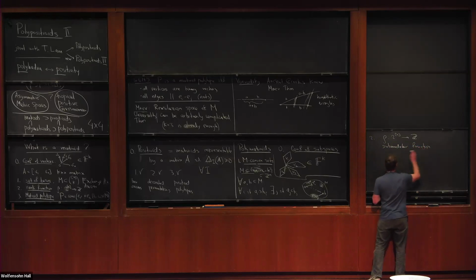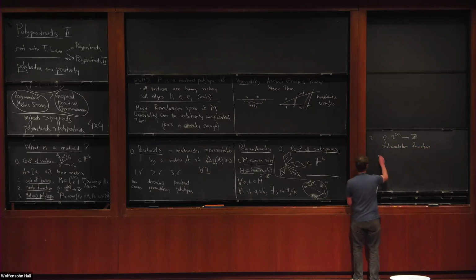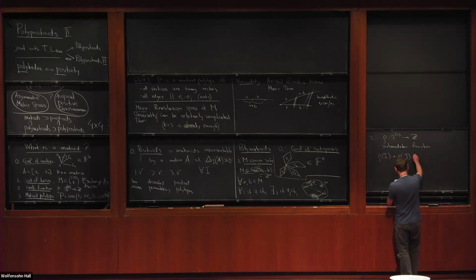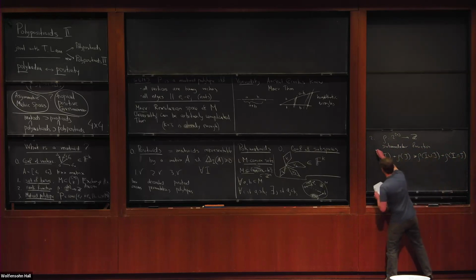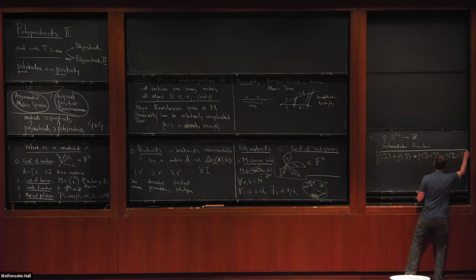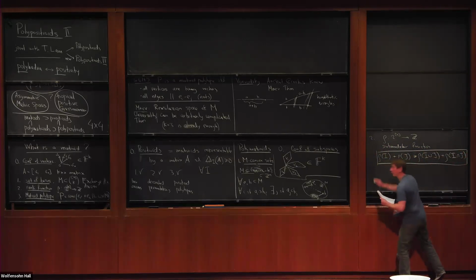That means for any two subsets I and J, rho of I plus rho of J is greater than or equal to rho of I union J plus rho of I intersect J. That's going to be the central notion for us. So this is the submodular condition.